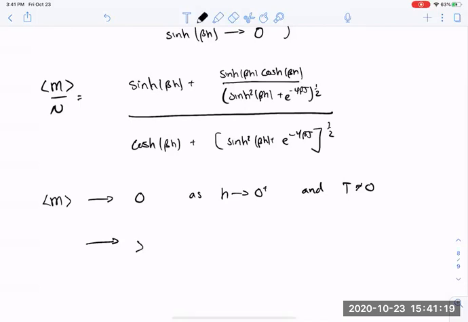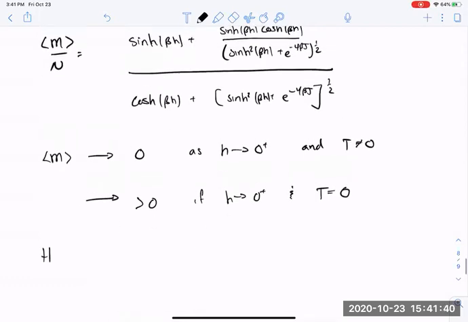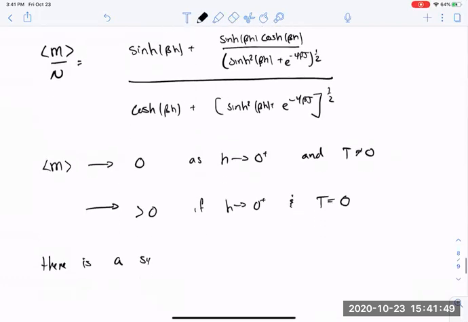That's a singular perturbation, harder to see directly, but not too difficult to demonstrate. So in fact, there is a symmetry breaking, but it's kind of a trivial symmetry breaking.